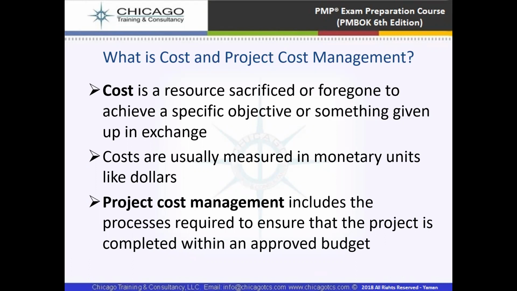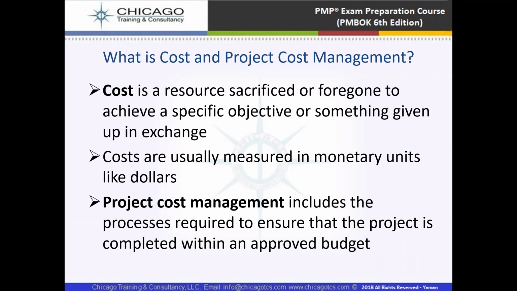It is basically a resource sacrifice or foregone to achieve. It means you sacrifice some resource to achieve a specific objective, or you give something in exchange, which is called a cost. Costs are usually measured in monetary units like dollars.